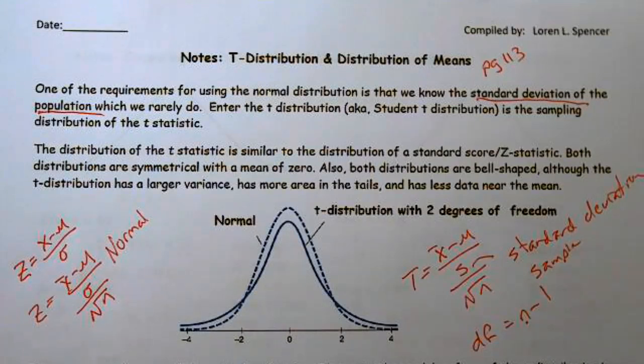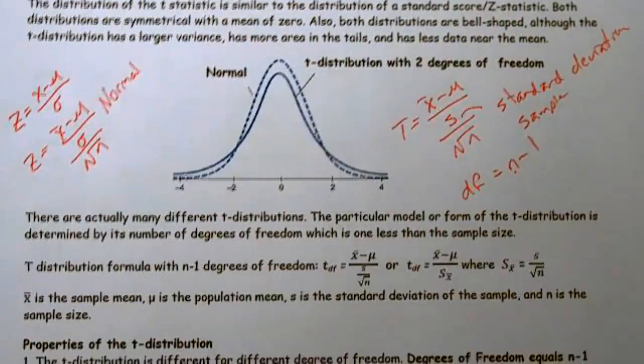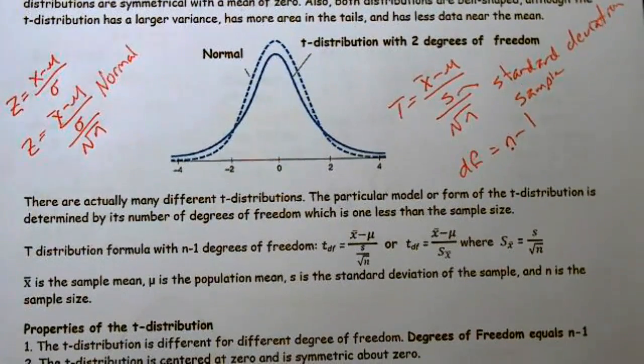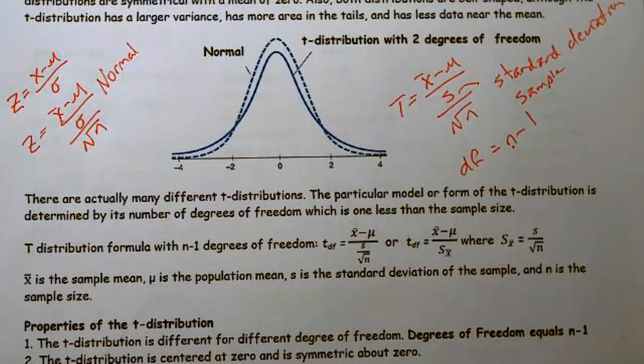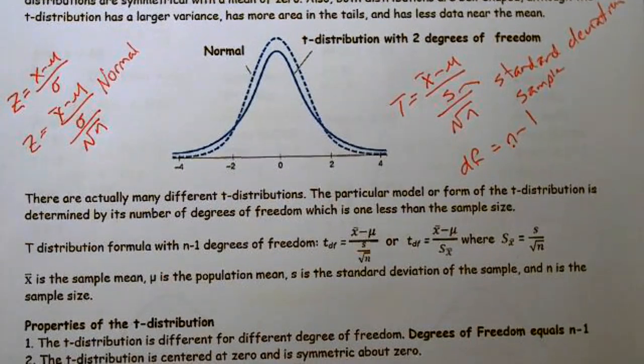It's not determined by the standard deviation. It's determined by the sample size. Okay, so in other words, there truly is an infinite number of t distributions, but it's not a big deal because our calculator will handle that for us behind the scenes, and it's really just as easy to use as a z distribution.